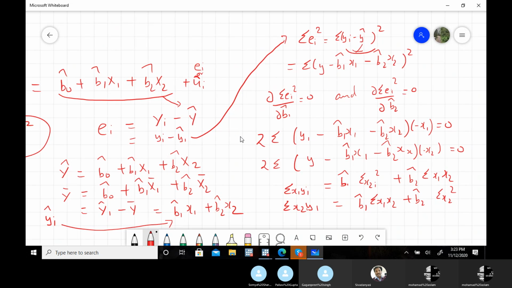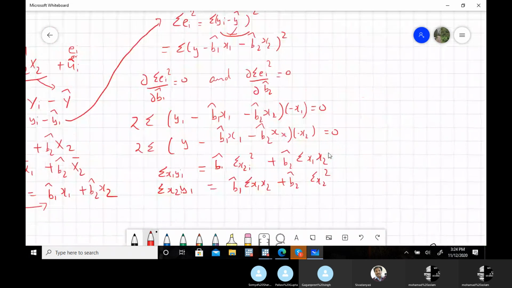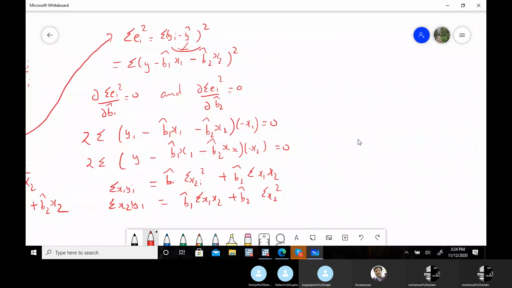If you solve these two equations by the cross multiplication method, then for the beta 1 coefficient you have to ignore this part. The remaining part is your answer for the beta 1 coefficient.